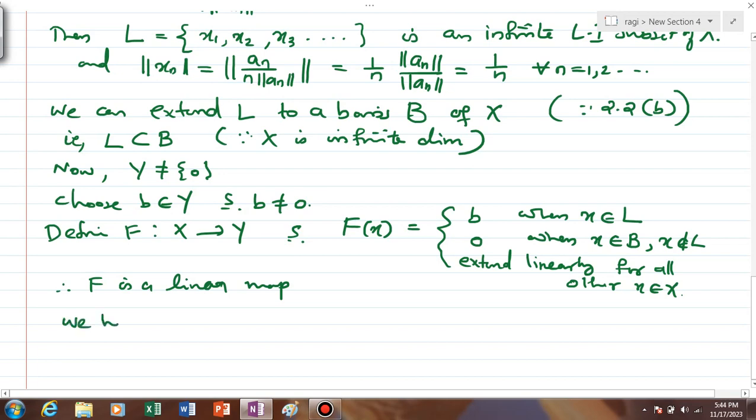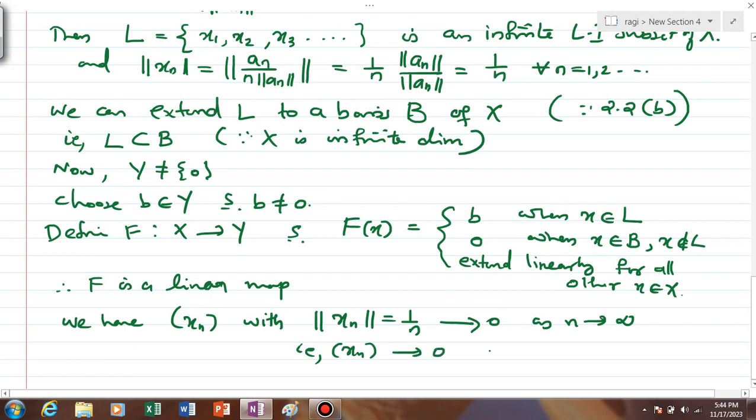We have the sequence xn with norm of xn. We have already shown that norm of xn is equal to 1 by n, which converges to 0 as n tends to infinity. That is, the sequence xn converges to 0 as n tends to infinity.